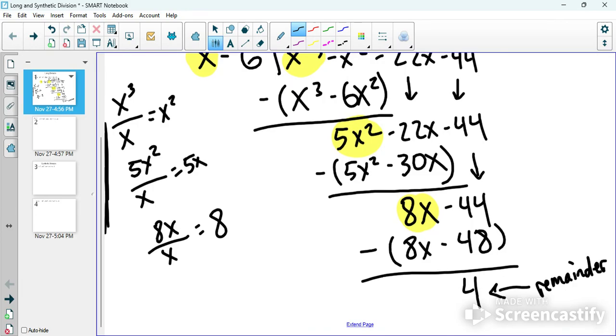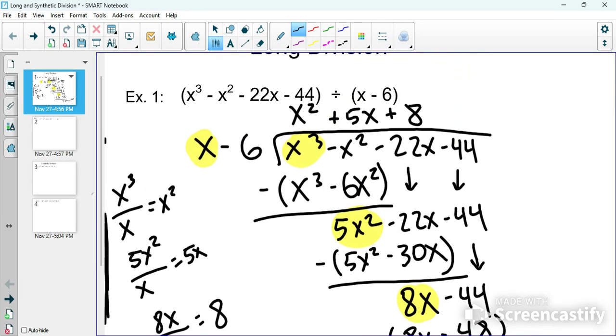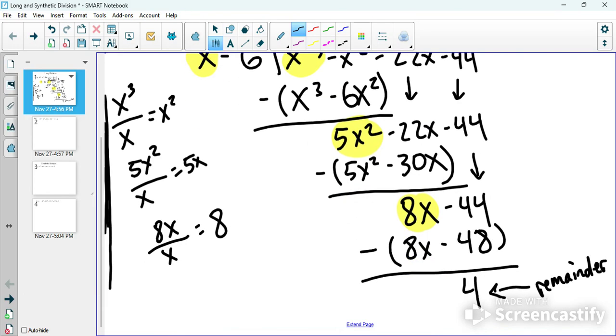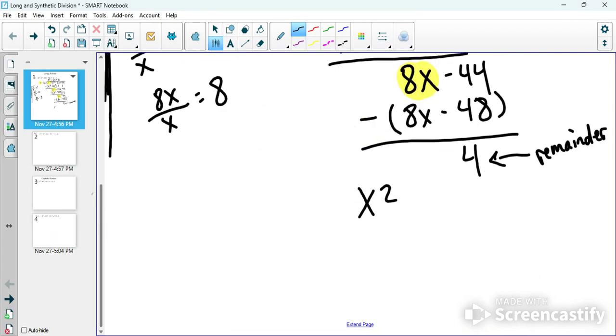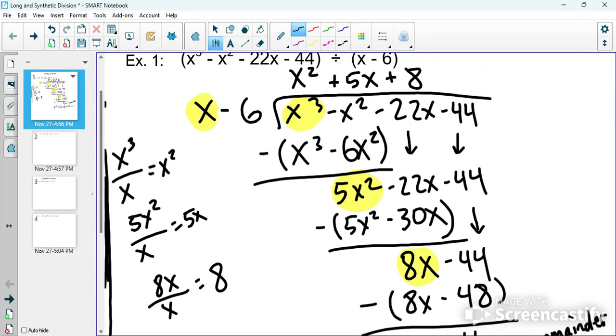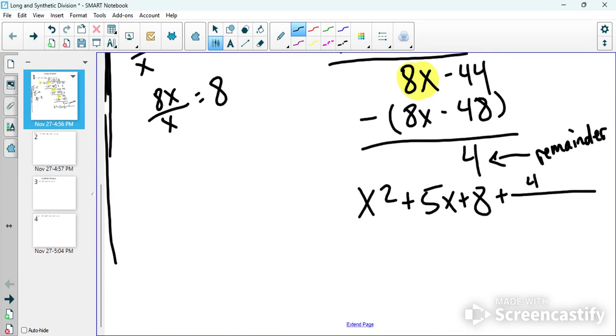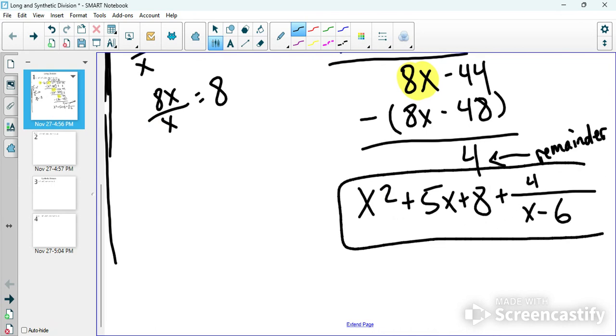So when we write our final answer, it's all going to come from what's up top, x squared plus 5x plus 8. And then our remainder is 4. Our remainder goes over what we originally divided by, which is x minus 6. This is our answer.